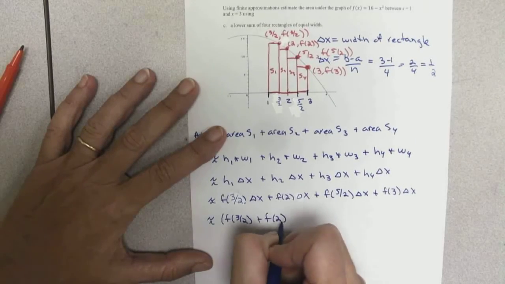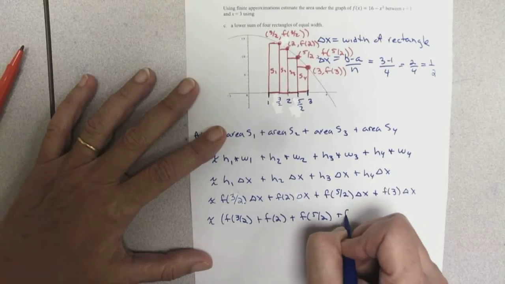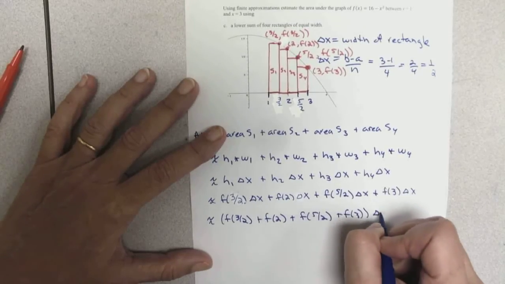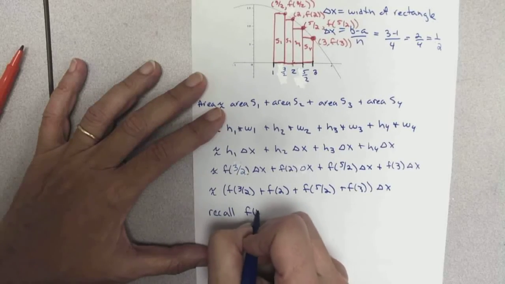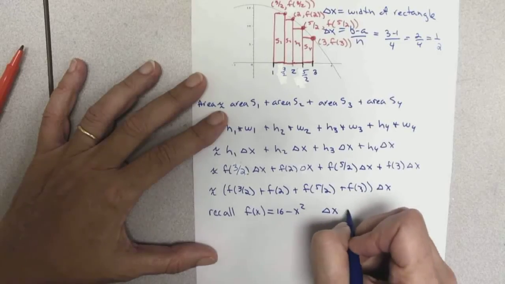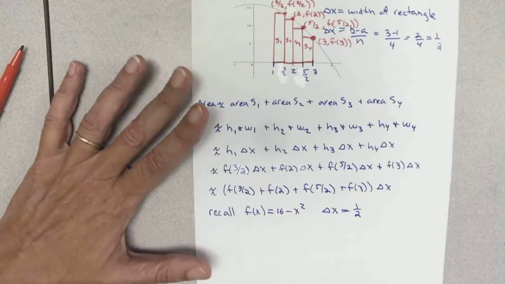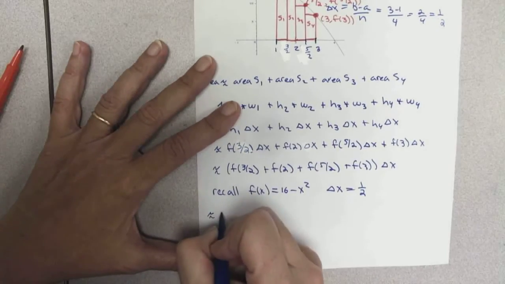I can factor out that delta x. And then I can recall one more time that f of x is 16 minus x squared. And delta x in this case is 1/2. And now we just start doing lots of arithmetic.